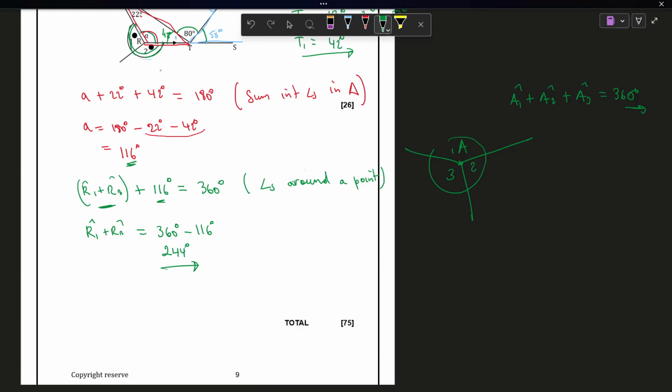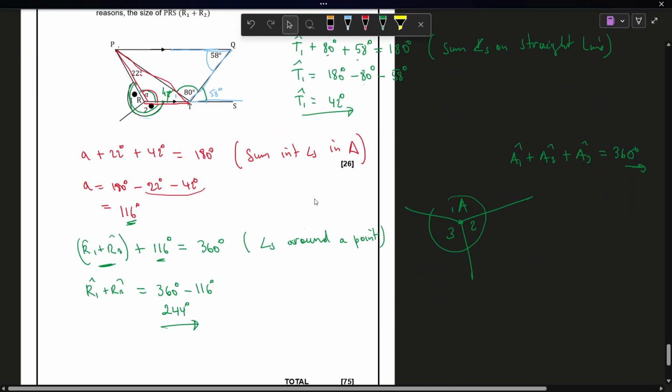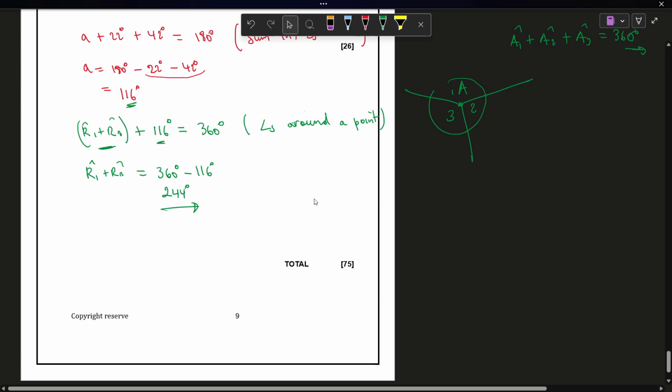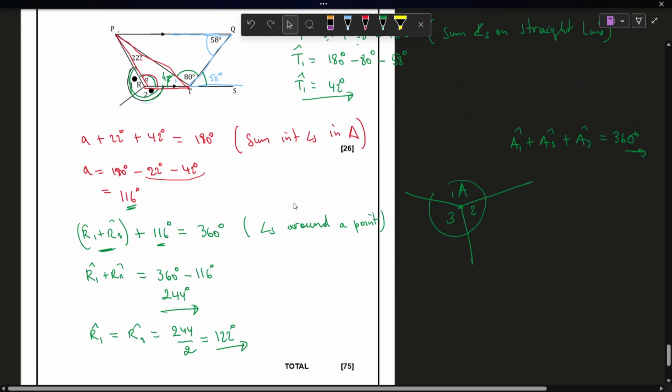So if they wanted R1 and R2, R1 exactly, because it's equal to R2, will be half of that. So 244 divided by 2, which is 122 degrees.